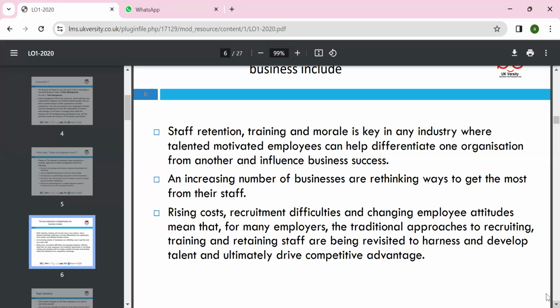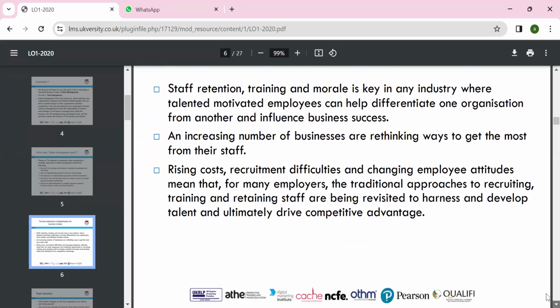So we can look around many new approaches to talent, which ultimately drive competitive advantage. What is meant by competitive advantage? The advantage you have over the competitors, like you are very cost effective, you're making goods of very high quality, because your people are very talented, they have skills, and you kept them.